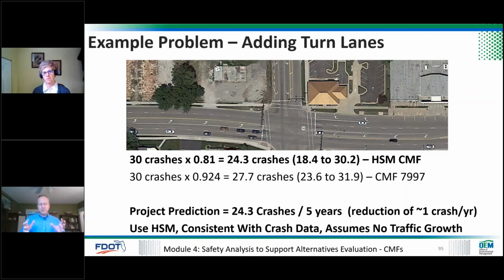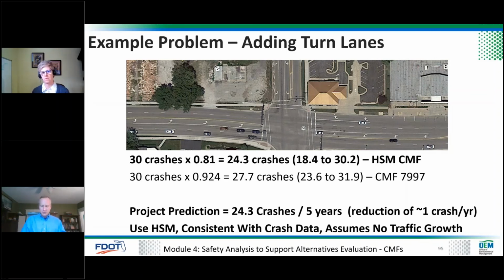But if you want to use that to predict forward, you would have to increase your exposure and make an explicit assumption that the crash rate essentially stays the same into the future. As traffic increases, the crashes increase, and you apply this proportionally.